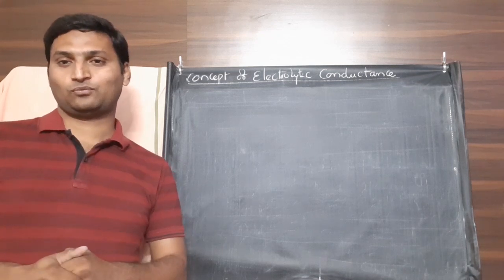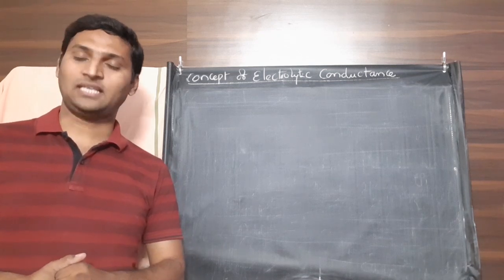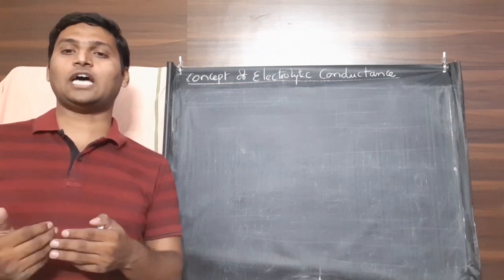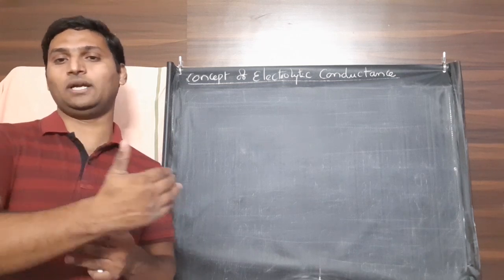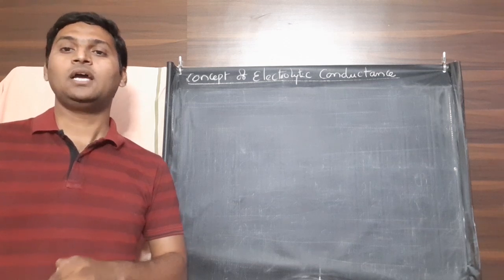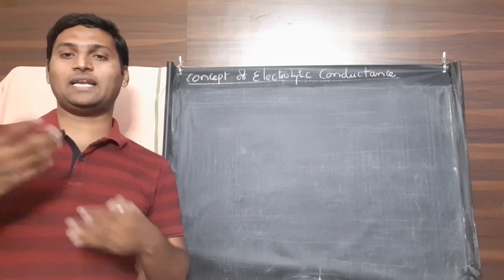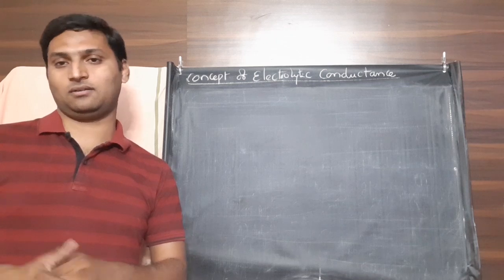Tell me, what is a conductor? Yes, the substance which allows the passage of electricity through it is called a conductor. Come on, pause this video and try to name a few conductors in your mind.